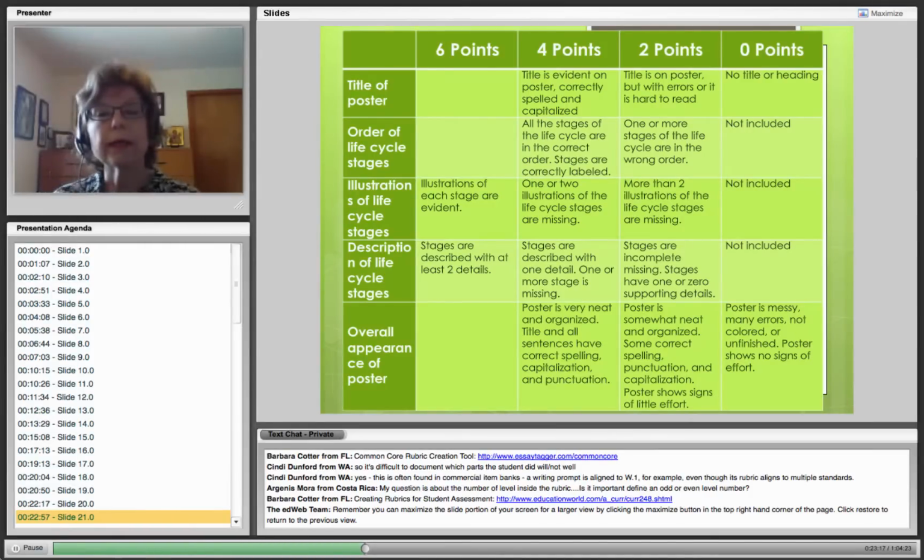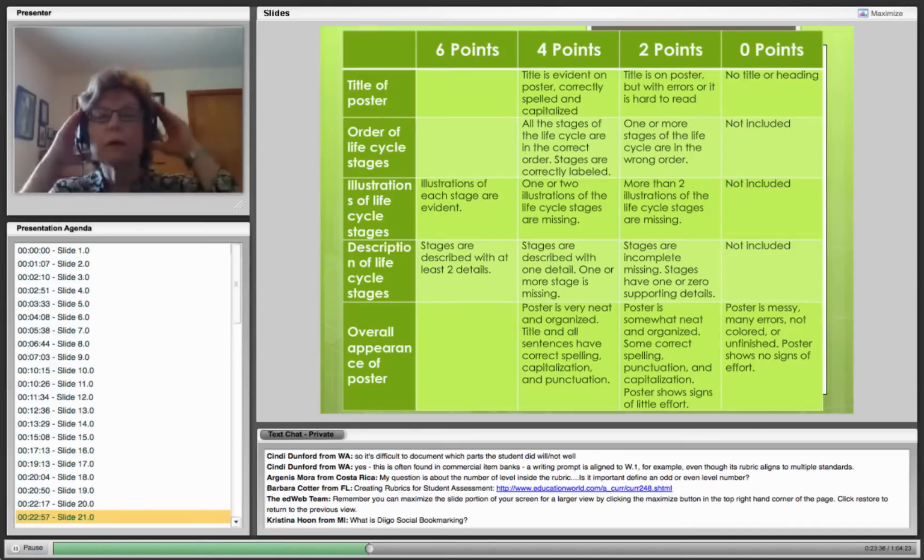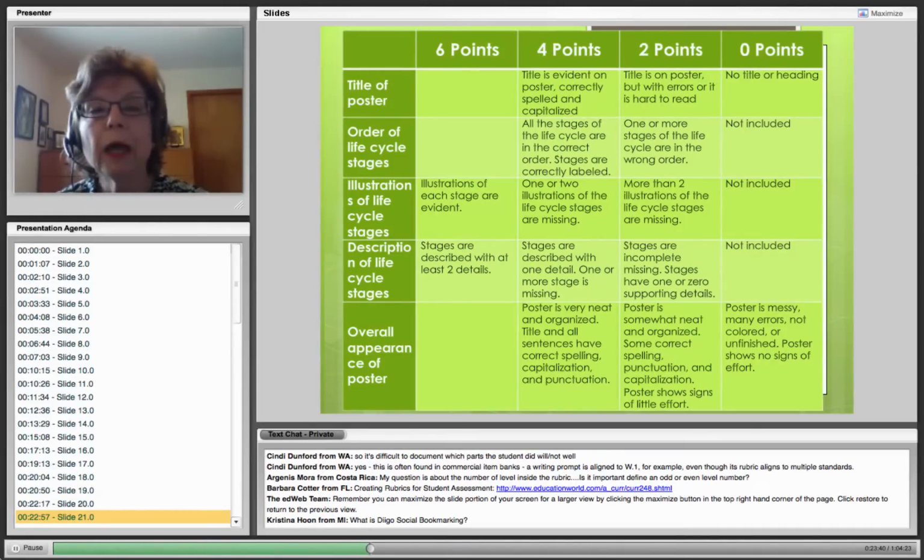So there was an assignment in this third grade to describe the life cycle of any particular animal or critter that you described. The Pennsylvania Science Standard said students will understand that animals have life cycles. And so she assigned a poster that was going to be her performance assessment.